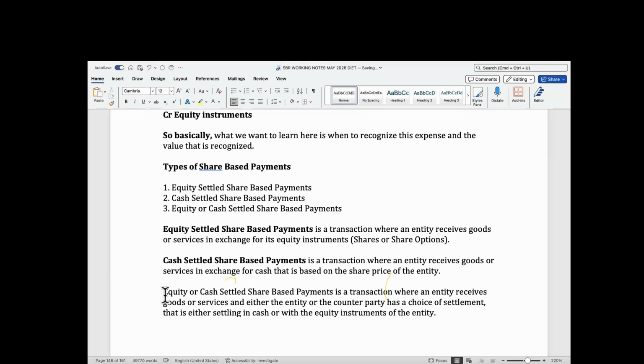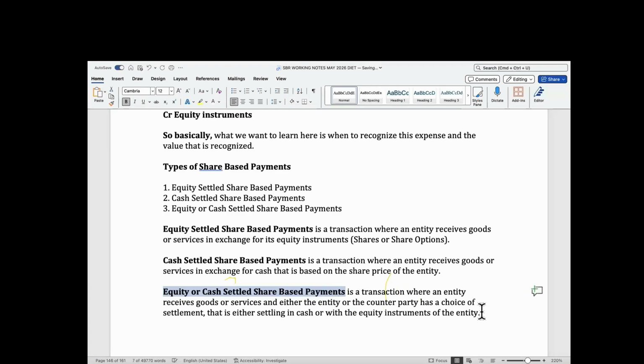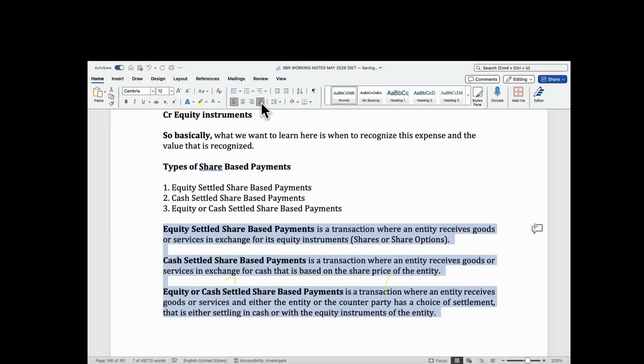So the last one is equity or cash settled share-based payments, where either the entity or the counterparty has a choice of settlement.